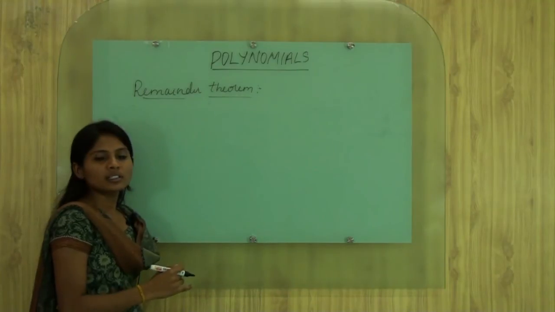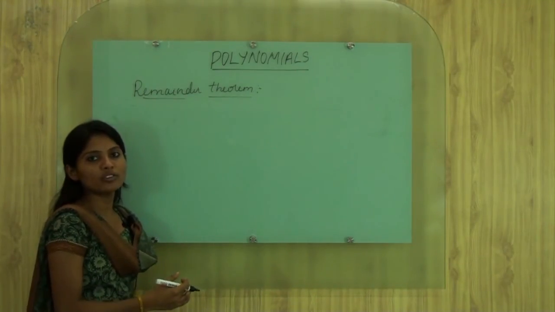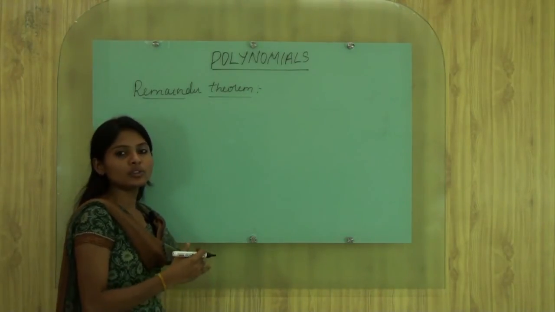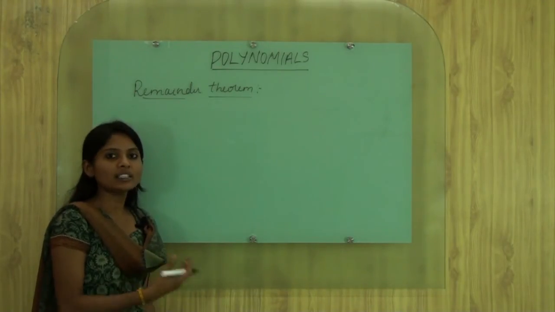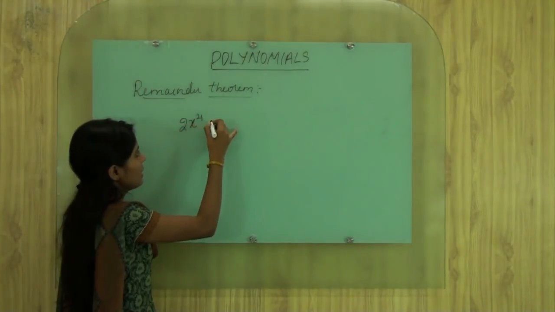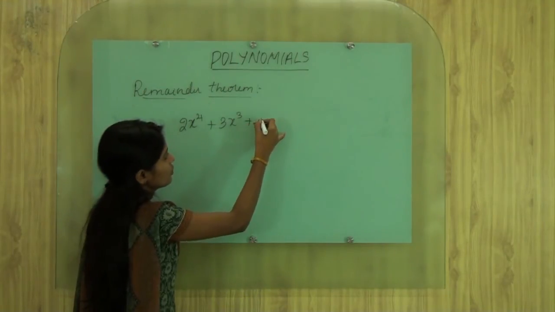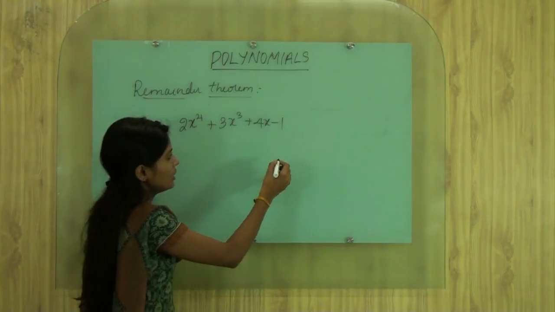They give you a bigger polynomial, say a polynomial of degree 5 or degree 6, and they'll tell you to find out the remainder when it is divided by another polynomial. Say you have 2x power 4 plus 3x power 3 plus 4x minus 1.